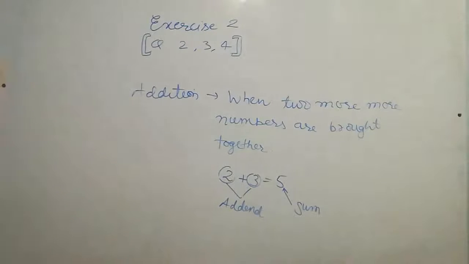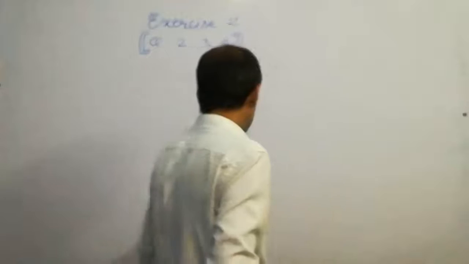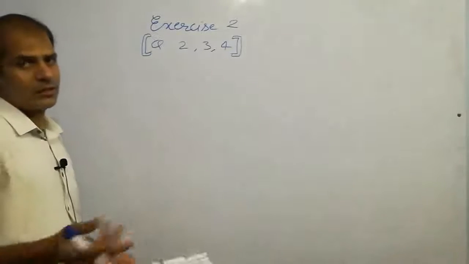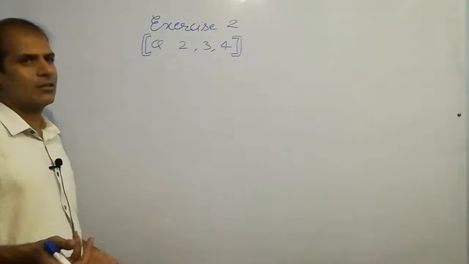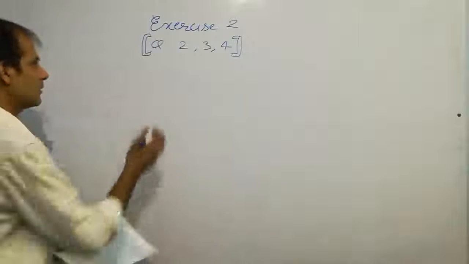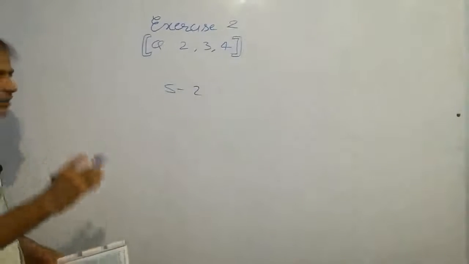Now, what is subtraction? If someone asks you what is subtraction, what will be your answer? Generally you will say, sir, 5 minus 2 is subtraction. Okay, not like that. You can't say that this is a subtraction. So what is the definition of subtraction?